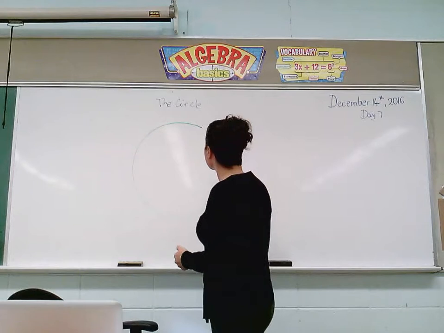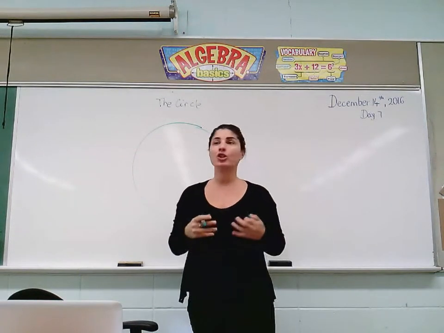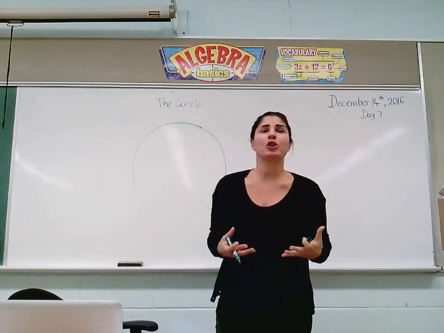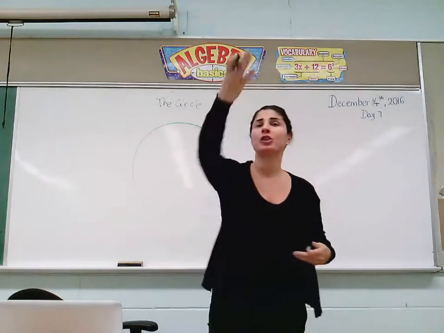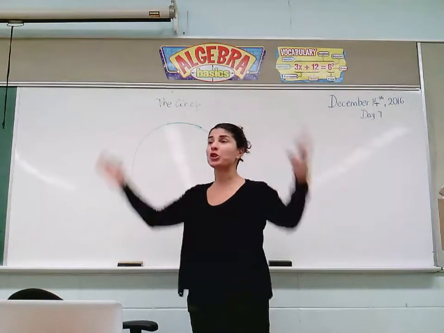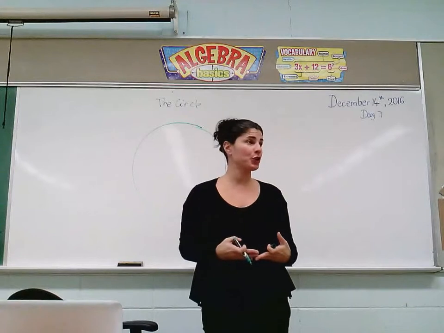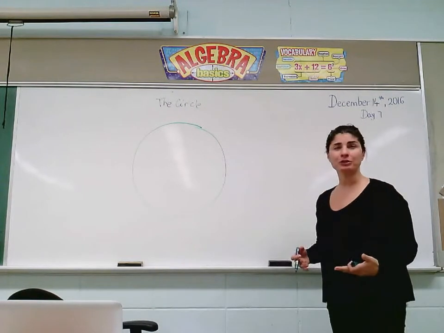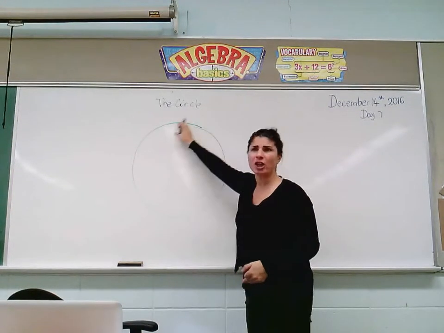What am I talking about when I say the word circumference? Yes, the circle. But what about the circle? What about all of the circle? The measurement of the circle, which is actually the perimeter of the circle. So if I ask you for the perimeter of the circle, which means that I want to measure this circle, but it's hard to measure a circle.